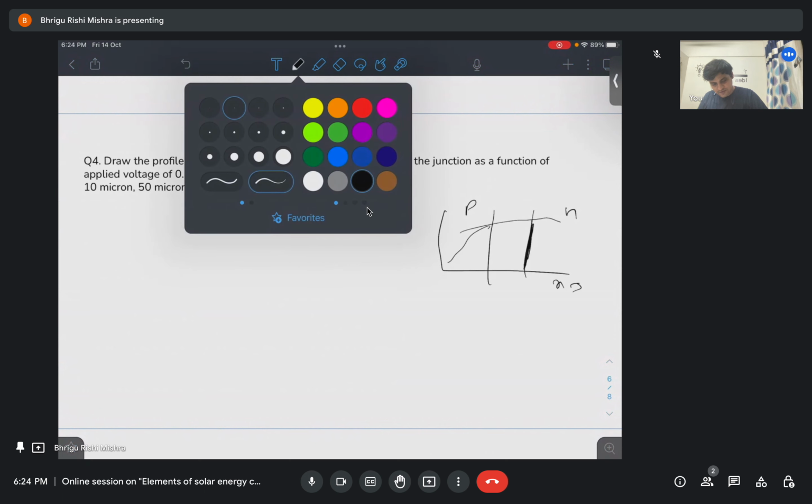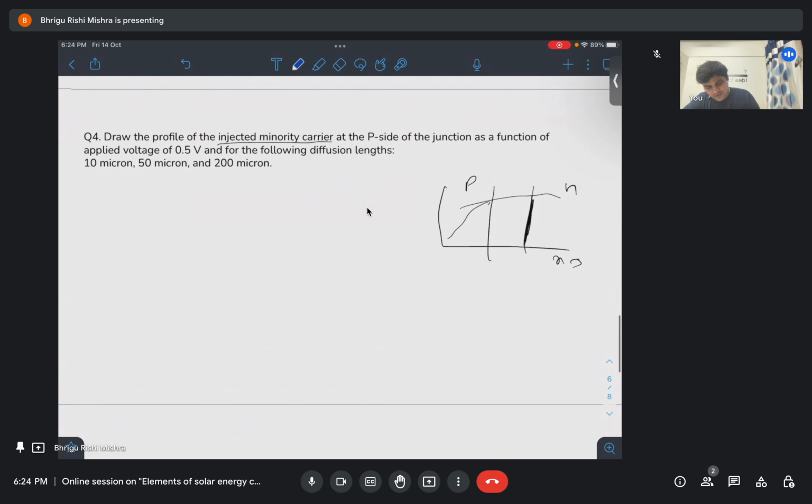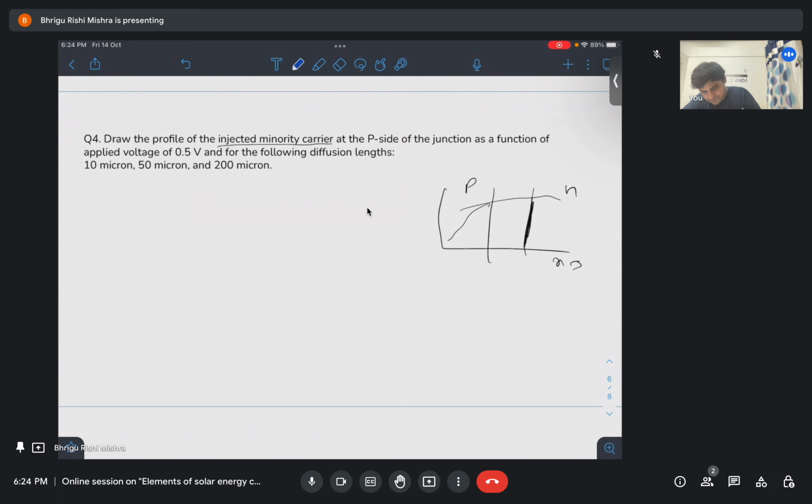So first of all, why does this injection happen?